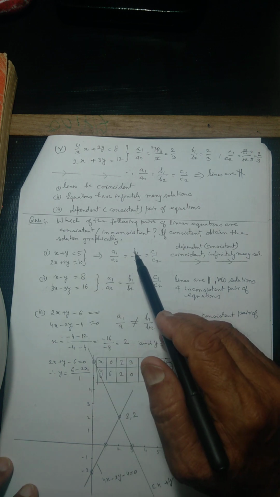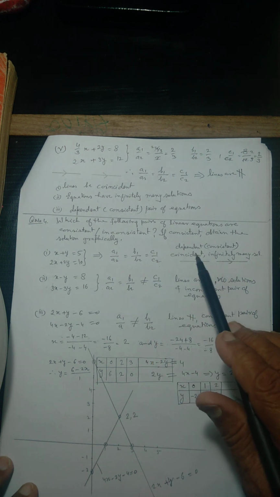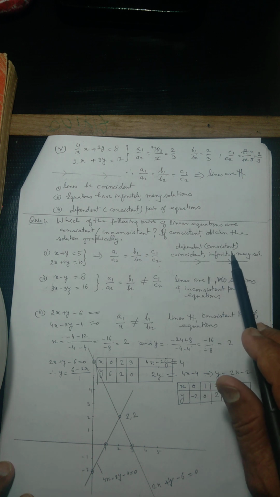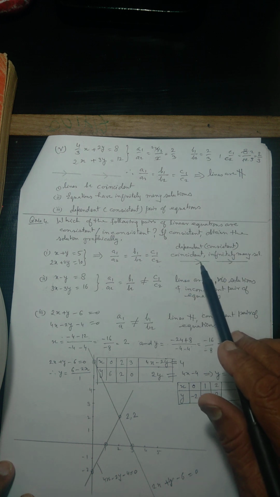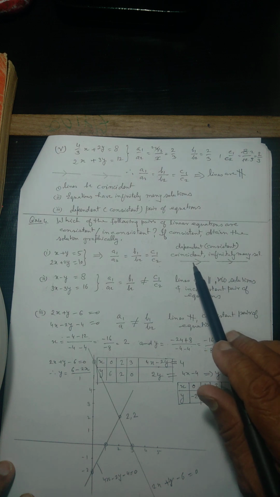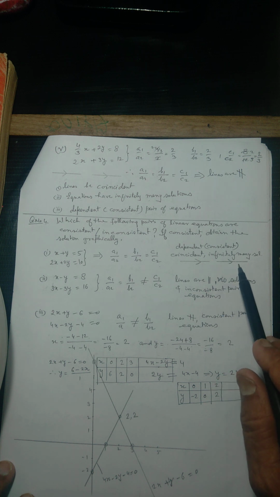Here a1 by a2 is equal to b1 by b2 is equal to c1 by c2. So the dependent consistent pair is there, coincident, infinitely many solutions will be there. We will get this type of line graph, and if we produce them, they will overlap each other.